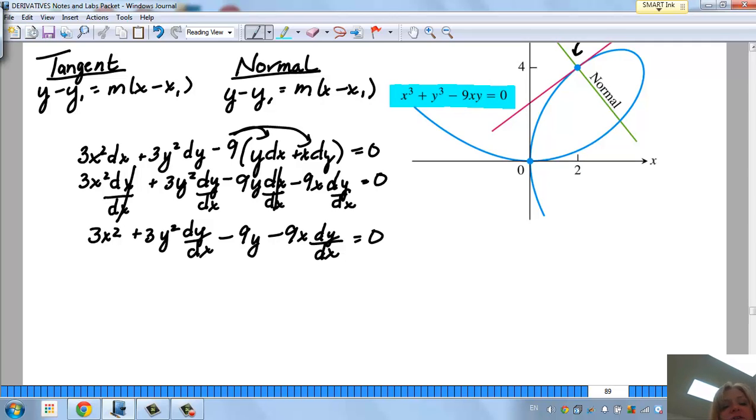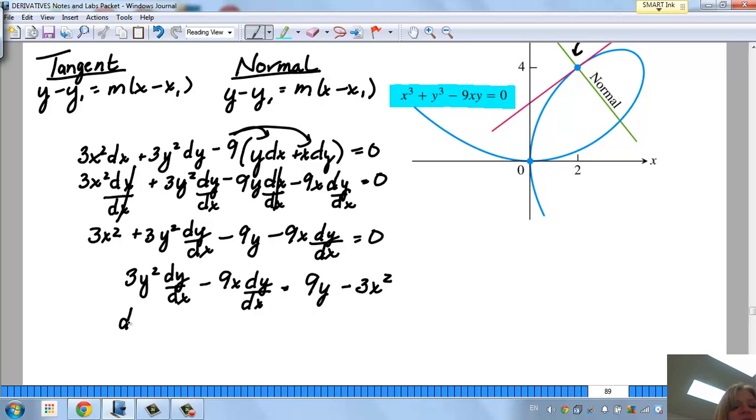So I'm going to basically move the dy/dx's to this side. It doesn't matter which way you do it, as long as you get them on one side. So I have 3y squared dy/dx minus 9x dy/dx, and we'll move everything to the other side, equals, and then this will turn to a positive 9y and a negative 3x squared. And then I'm going to factor out the dy/dx on this side.